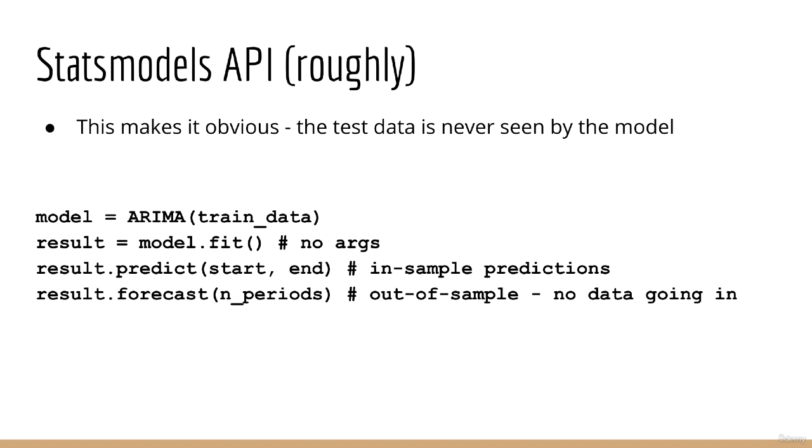The arguments to this are only the start and end indices, not any data. If you want to forecast, you call result.forecast. Note that the only argument to this function is the number of forecasting steps. Therefore, there is no point at which your model ever sees any data points from the test data. Your model only sees the training data, which is passed in when you instantiate the model.